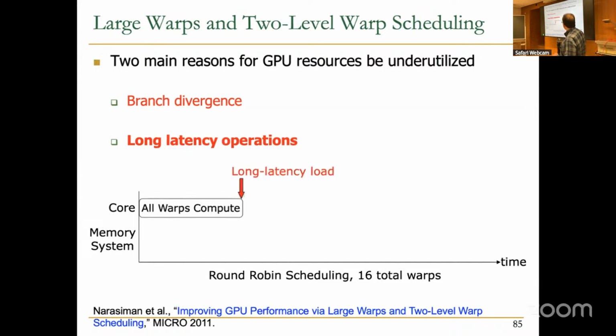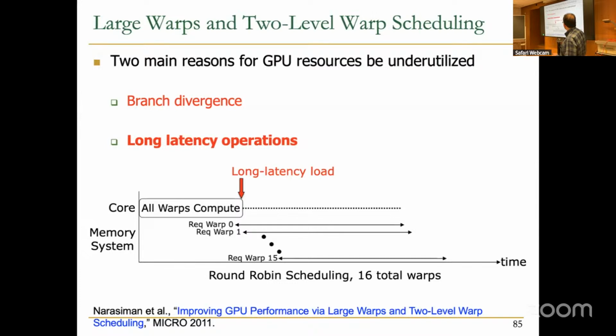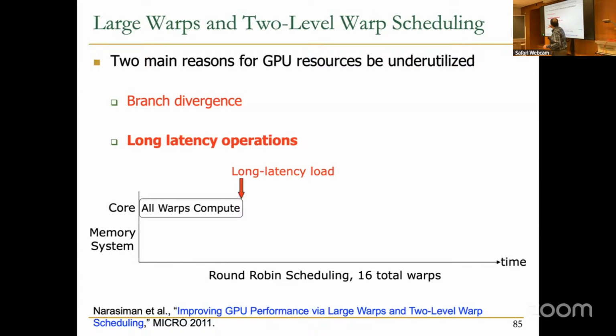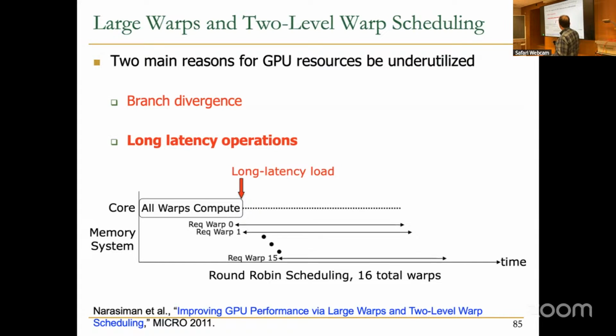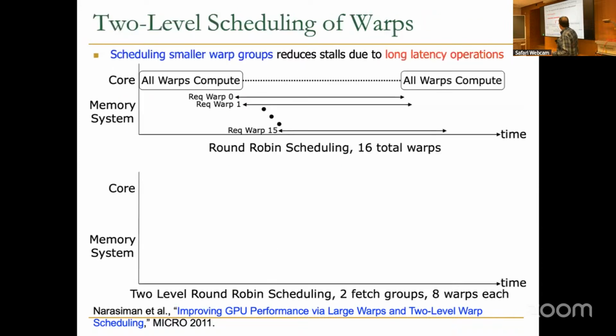Essentially, if you are greedy in your scheduling, you try to schedule warps a lot, and they compute a lot of instructions, and then they all reach the long latency instruction at the same time. Then you have nothing to do, and you're going to have a long stall time. So in this paper, they provided this two-level round robin scheduling. This work was done in collaboration with Nvidia, and I think they are using this two-level round robin in many GPUs as well.